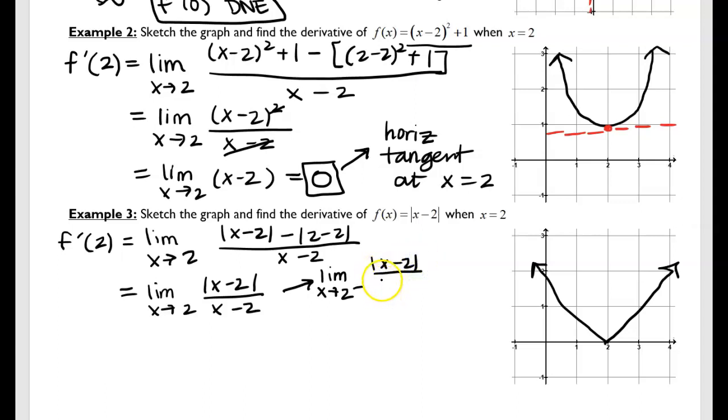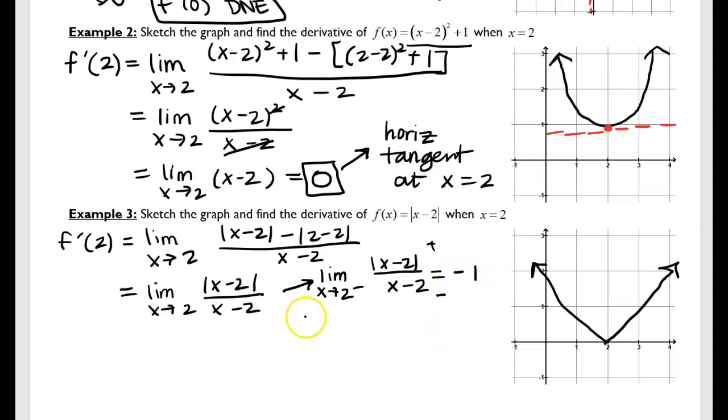So if I plug in a number a little to the left of 2, such as 1.9, I would get something positive in the numerator, but negative in the denominator. So I would get positive 0.1 over negative 0.1, which would give me negative 1.